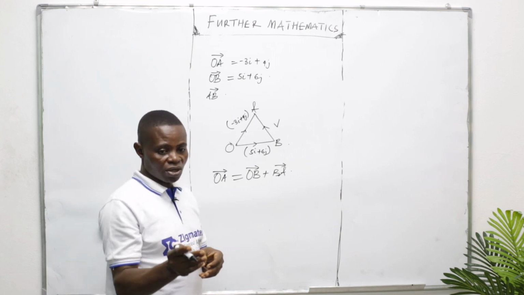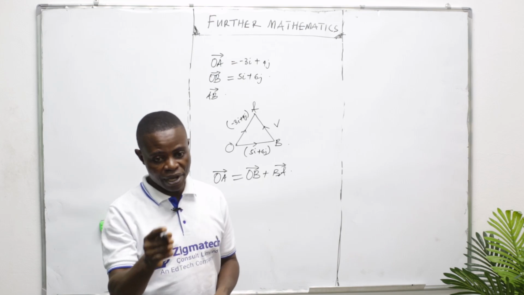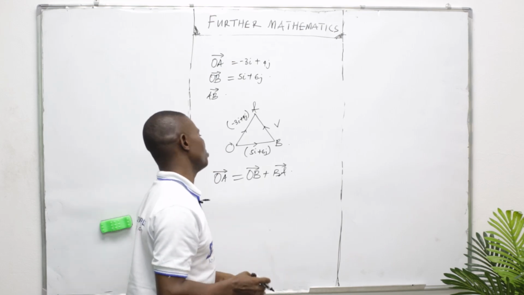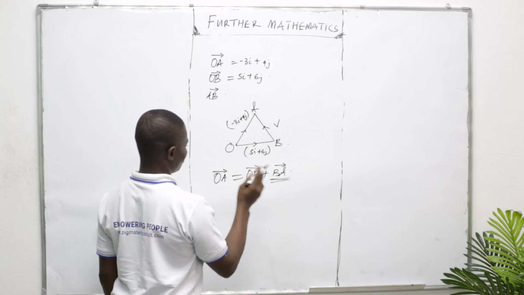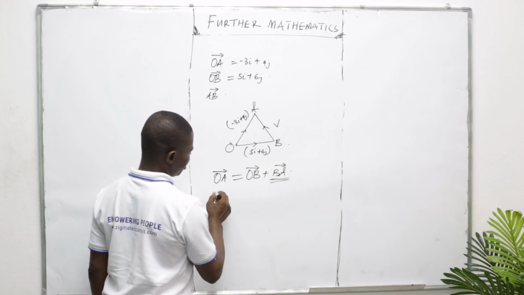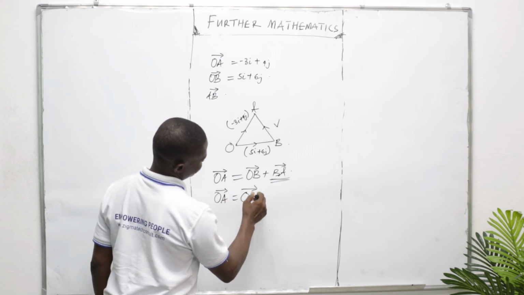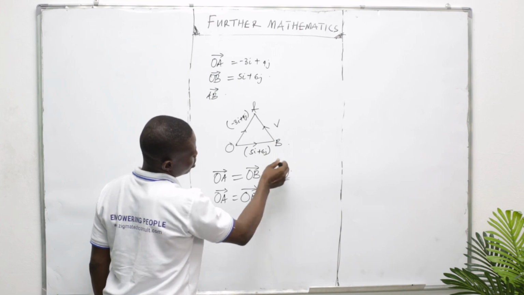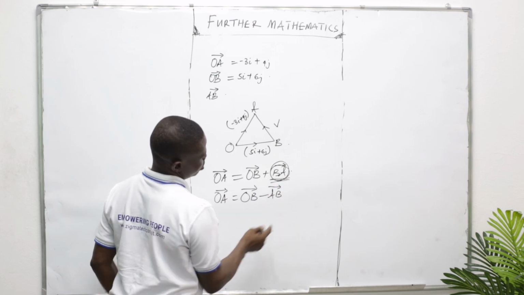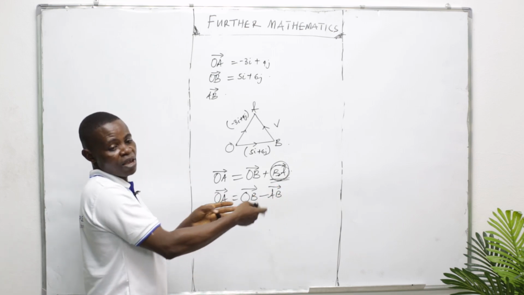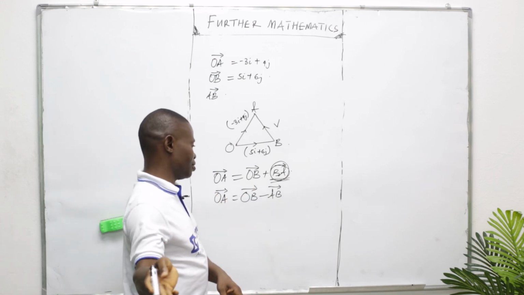But our question, or what we need to do here, is we are looking for AB, the vector AB. But in our formula, we are having BA. It should not bother you. How do you handle it? AB equals OB. If you want this to answer AB, this sign will change. This is what I'm doing. It has changed. We have AB now. It's now looking like the one they asked us to find.